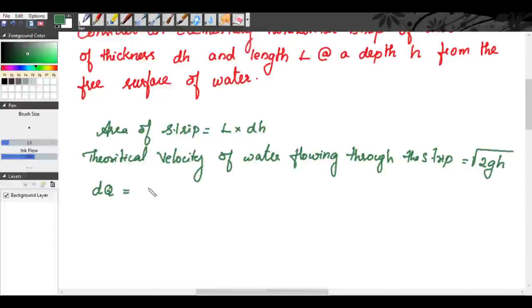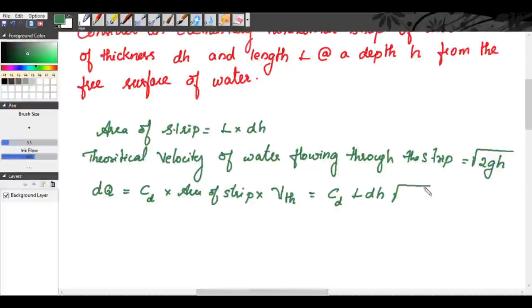So dq is equal to coefficient of discharge into area of stripe multiplied by theoretical velocity. So that is equal to CD into L into dH into square root of 2gh. CD is the coefficient of discharge.